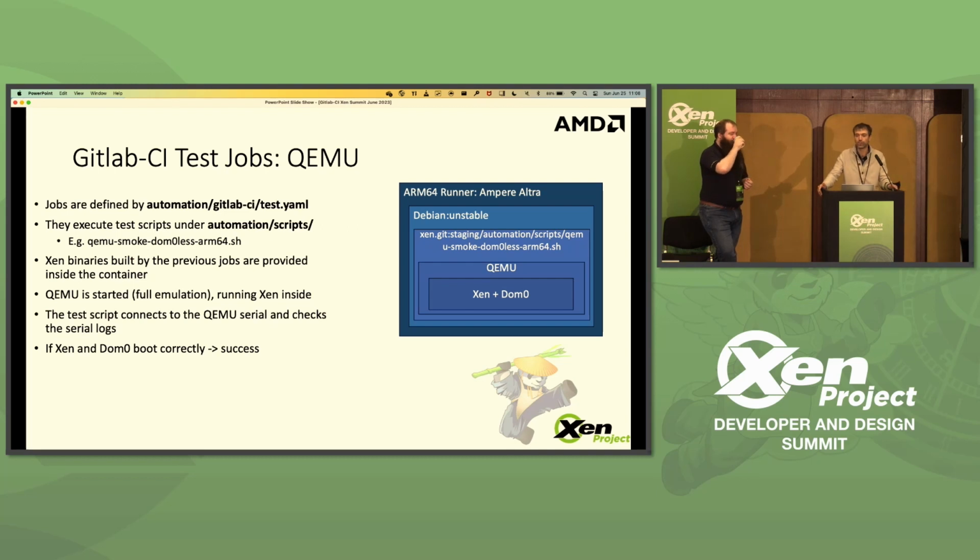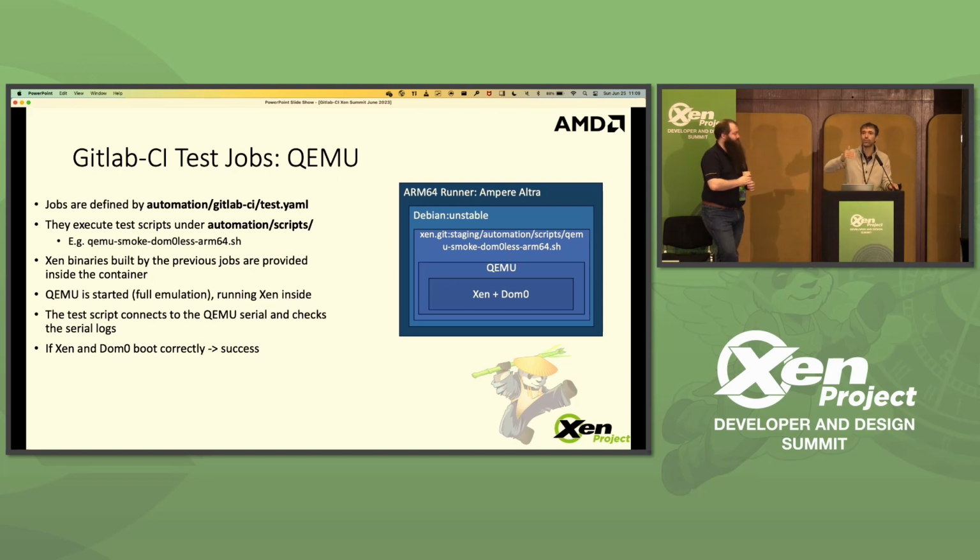So what it's going to do is launch QEMU. This is full system emulation QEMU. It's not KVM. It's plain QEMU trying to emulate a full ARM64 machine. And the same is true for the x86 test. It's full QEMU trying to emulate a full x86 machine. And then you tell QEMU to load the Xen binary somehow. You are free to choose how.